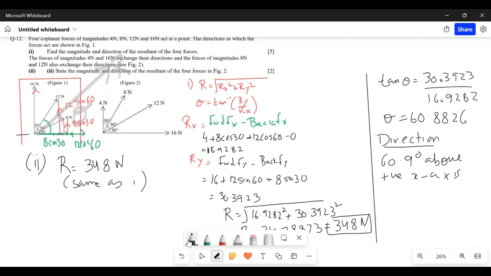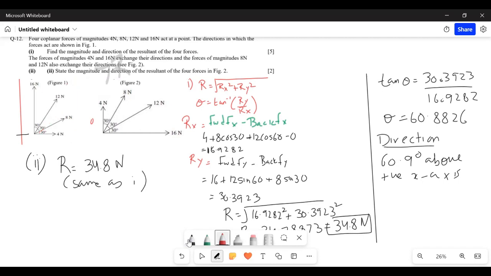But what do we do about the theta? In part 1, there was a theta in this direction. This was R, okay? And the theta was 60.9.